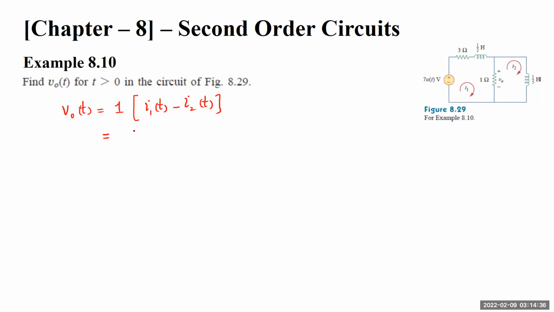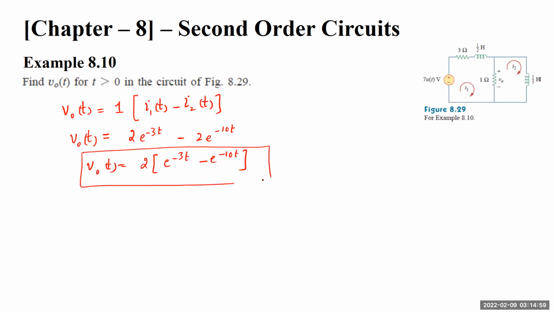Subtracting I2 from I1, we get V naught of t equal to 2 e raised to power minus 3t minus 2 e raised to power minus 10t, or simply 2 times e raised to power minus 3t minus e raised to power minus 10t. This is V naught of t. So this is the answer.